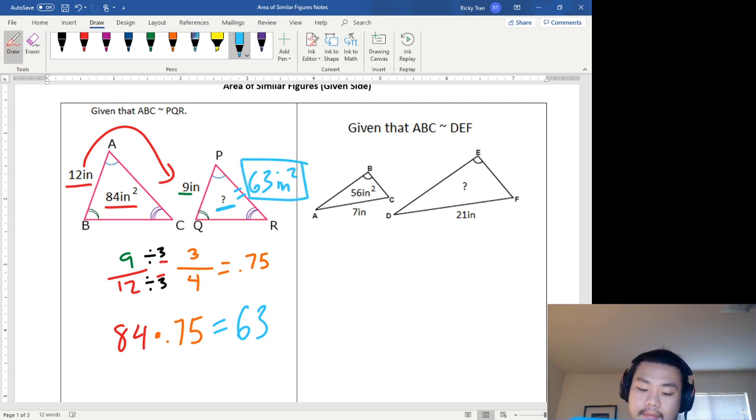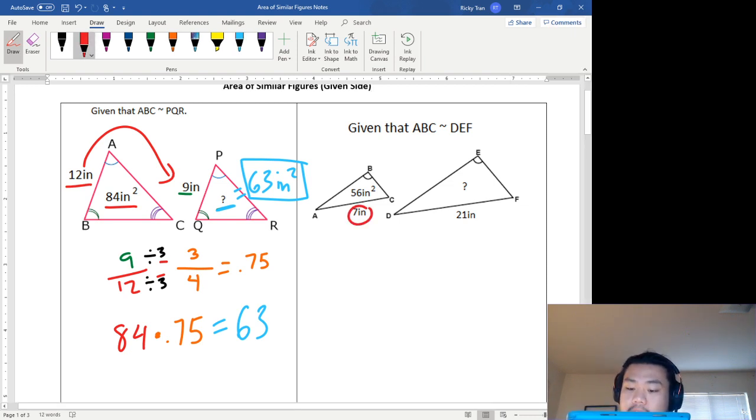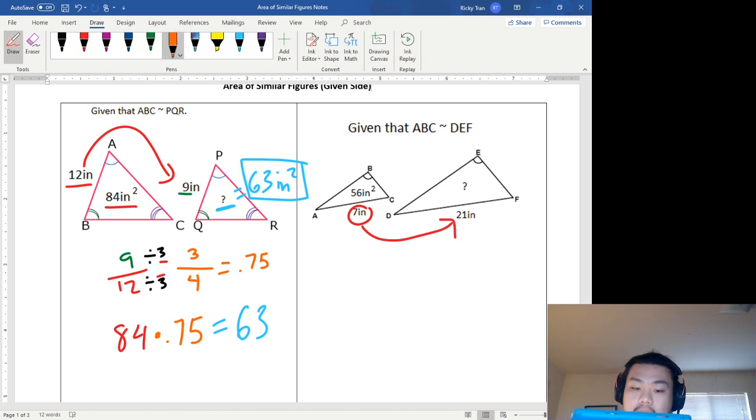63 inches squared. Now, that's the basis of what we're doing. So now we're going to do the same for the next question. Again, you're going from this shape to here, so we're going to put the second value over the first value.